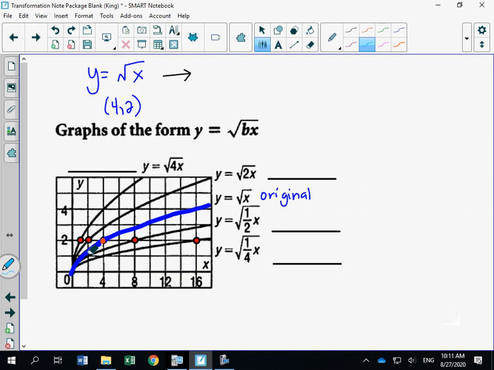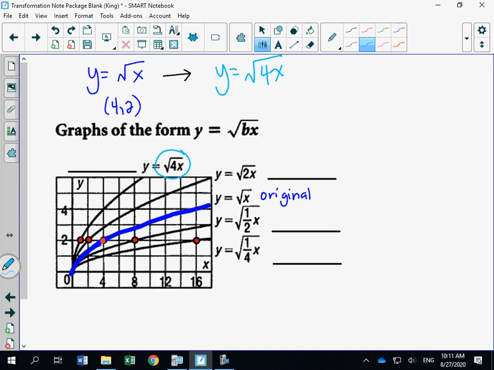So this blue graph is my original graph. What we're going to look at is, let's say we take this original blue graph and I put a 4 in front of the x. So we're going to look at this one right here, y is equal to the square root of 4x.